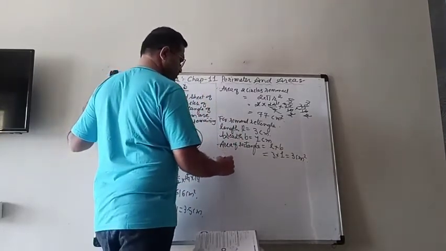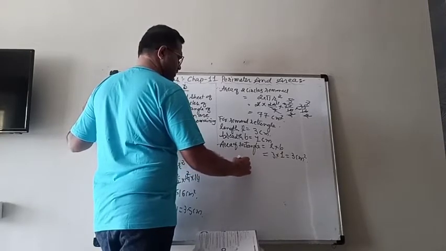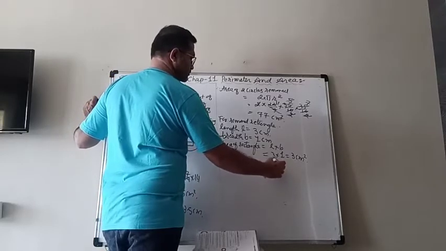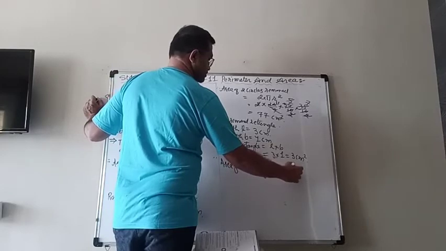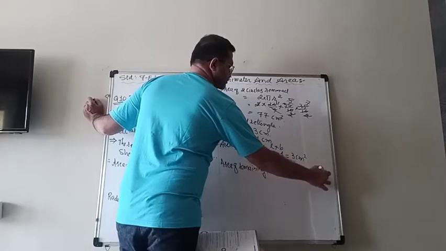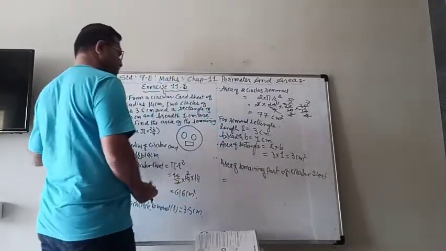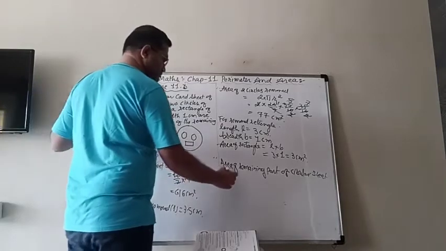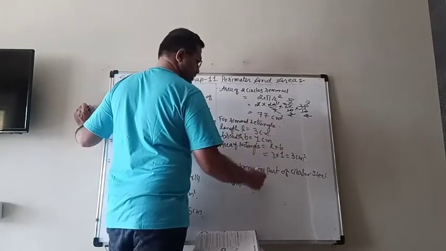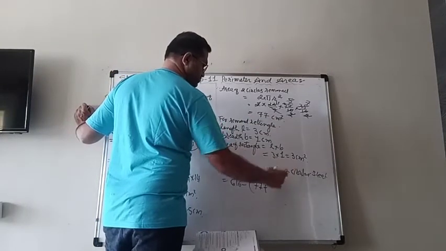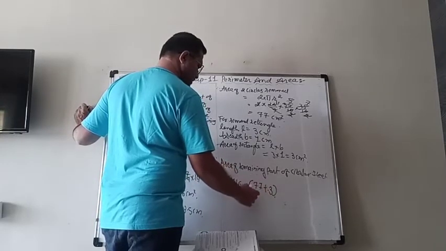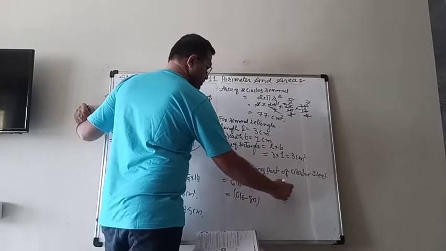Therefore, area of remaining part of circular sheet is equal to, now from the total area, means from 616 we have to subtract the two areas, means 77 plus 3, that is 80. 616 minus 80 centimeter square.